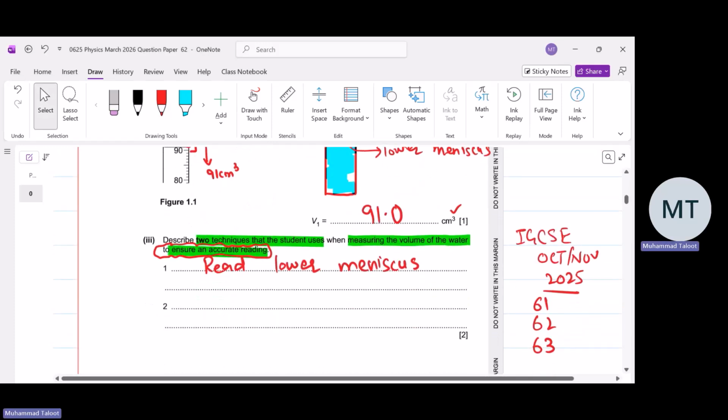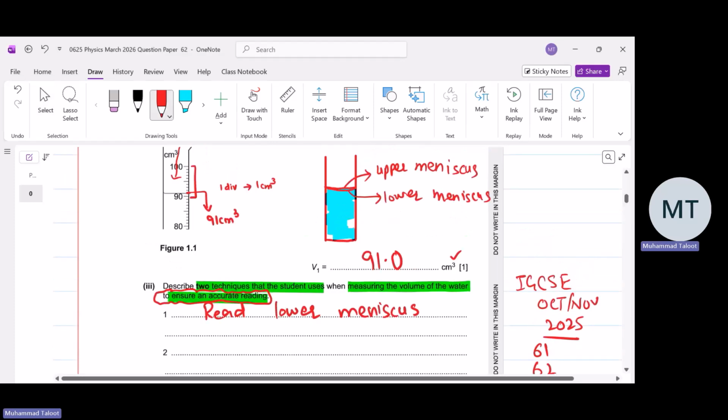Then another can be that you have to read the reading at eye level, so that parallax error should be avoided.